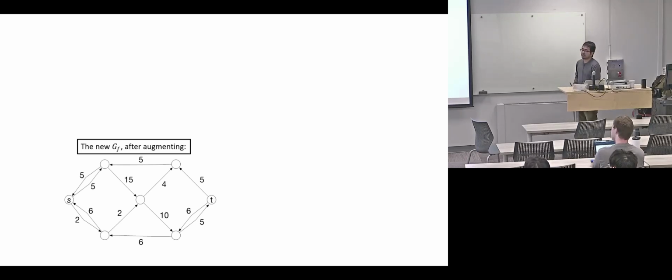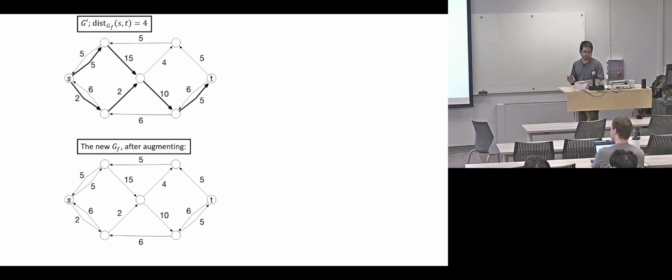What's the distance from S to T here? It's going to be 4 now. The bold ones are the ones along some shortest path. None of the other edges are in a shortest path. So the bold ones are G prime now. You look at the residual graph and the edges that are in some shortest path in the residual graph. This is G prime.